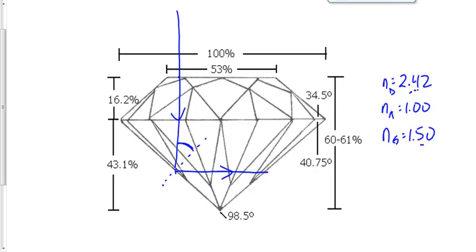Because it has a high index of refraction, it has a low critical angle versus glass, which has a high critical angle. Because diamond has a lower critical angle than glass does, it means it's easier for the light to exceed that critical angle. It's easier for the light to reflect.